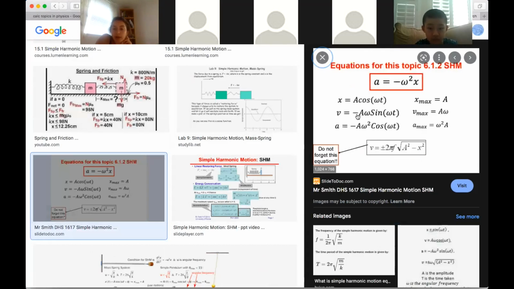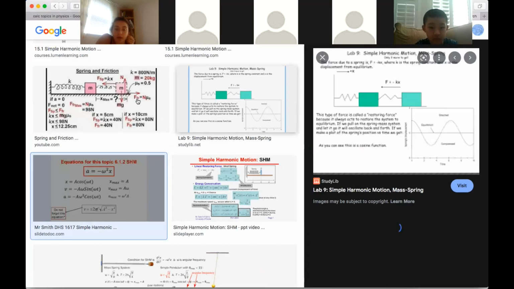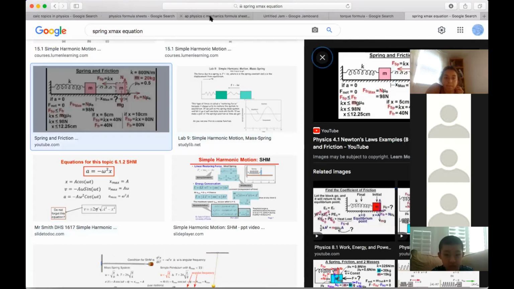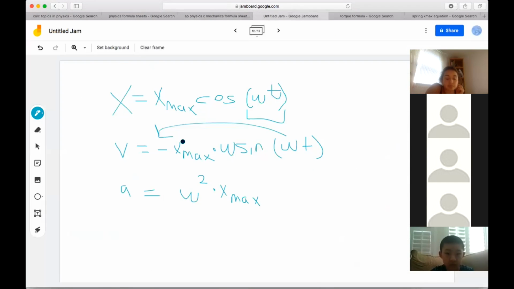We have x max is equal to amplitude, which is written with a capital A. So instead of x max, you could use A. We could just keep it in terms of x max, but I think it's easier to use A, because A always stays the same. It won't change to something like V max. Amplitude is always the largest stretching point.